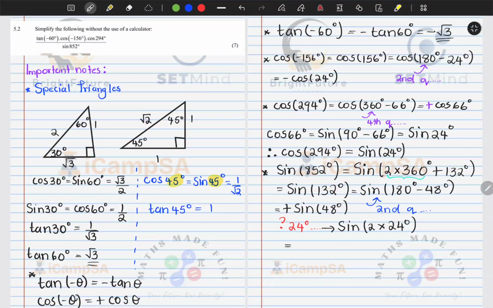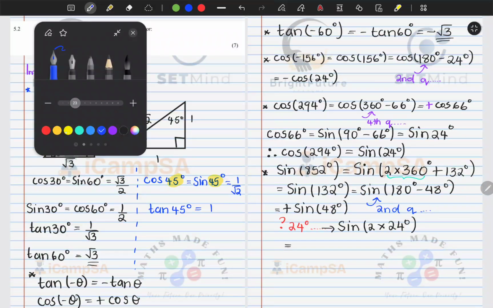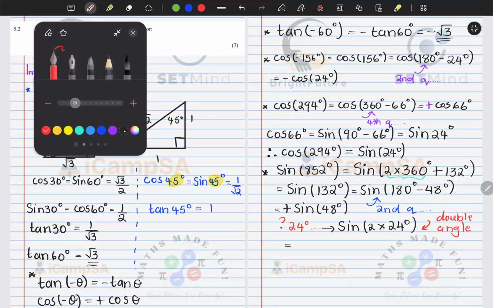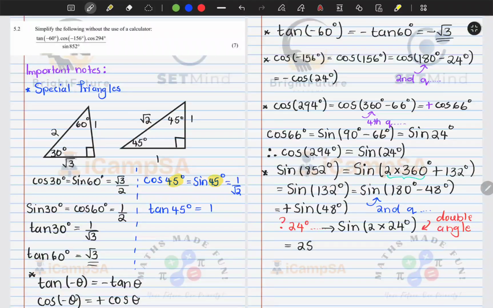And this here results in using, guess what? You guys can guess it right. This here is our double angle, okay? The double angle expression for sine. So you'll see that that will be the same as 2 times sine of 24 degrees and then cos of 24 degrees. Okay, this here is what will replace what we have there, which is just sine of your 852.